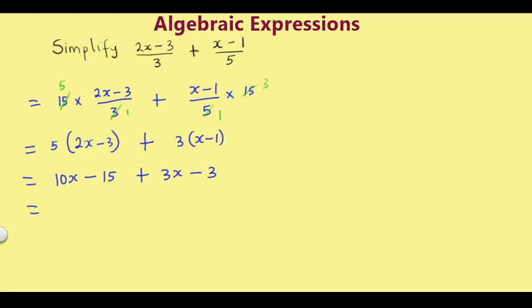So the next thing is to pack the terms involving x together: 10x, bring this, plus 3x, minus 15 minus 3. So this can become 13x minus 18. So we've been able to simplify this algebraic expression.